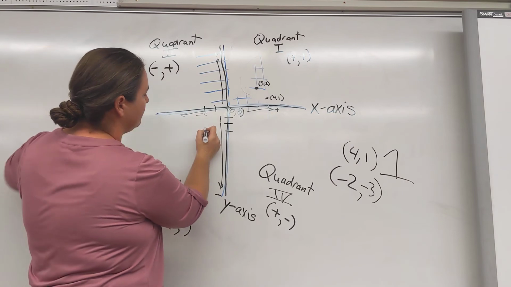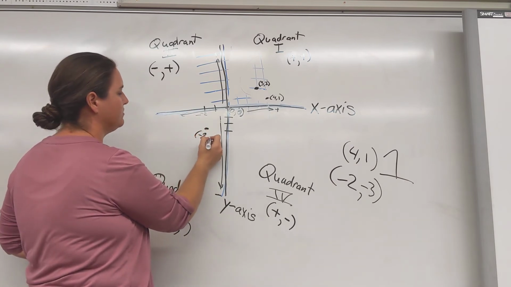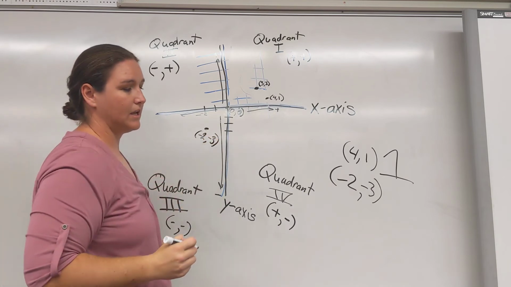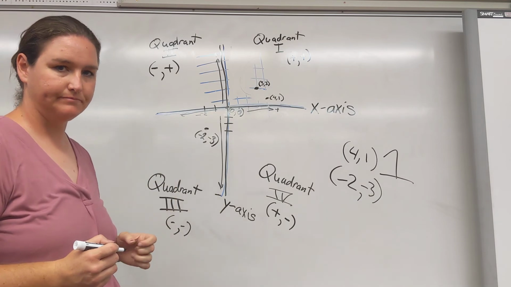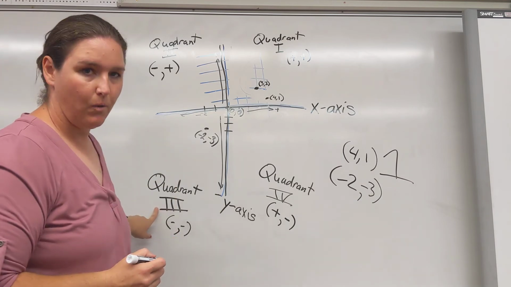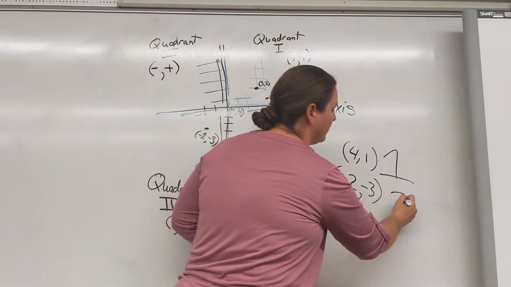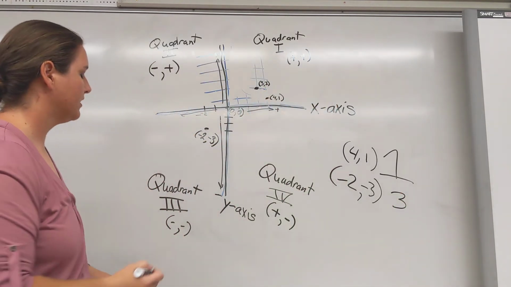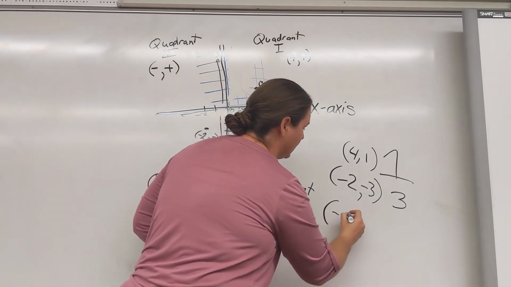Where do they meet here? So this is our point, negative 2, negative 3. What quadrant is this point in? Quadrant 3, right. Negative, negative, quadrant 3. Okay, good.